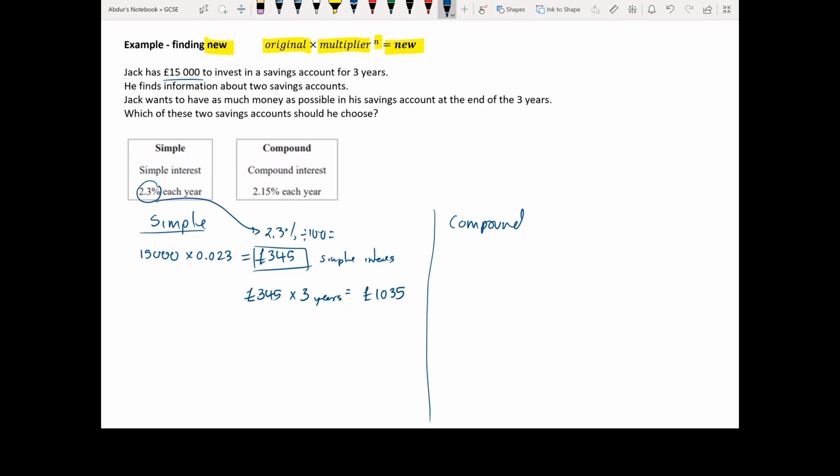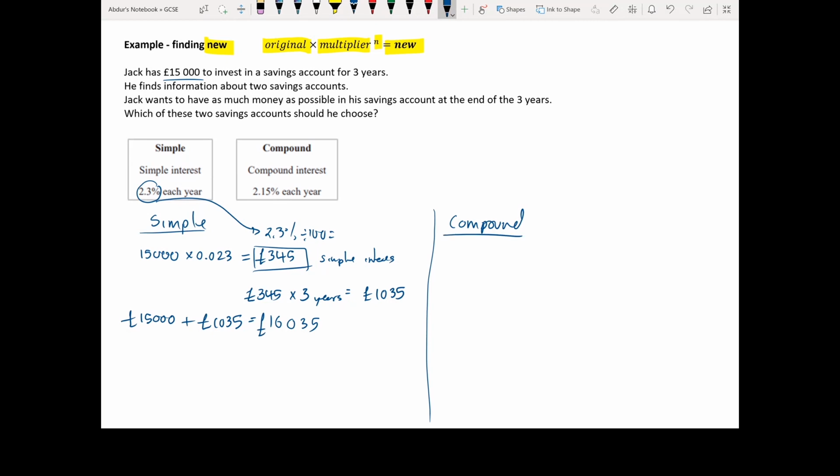So how much we'll have at the end of the 3 years will be £15,000 originally plus the 1,035. If we add that, that gets us £16,035 at the end of the 3 years.